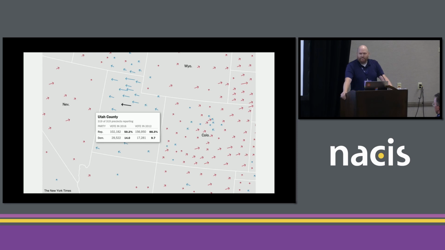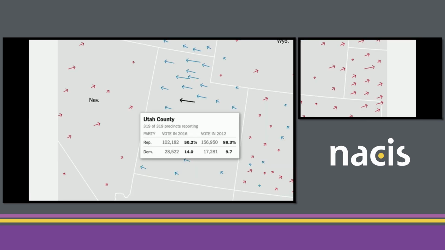Looking at this pop-up here for Utah County, the vote percentage in 2012 for the Republican candidate was 88.3%, a huge, huge share of the vote. And that dropped all the way down to 50%, so a 38 percentage point difference. And so the symbology led me to believe that there was a leftward shift towards the Democratic candidate in that election.